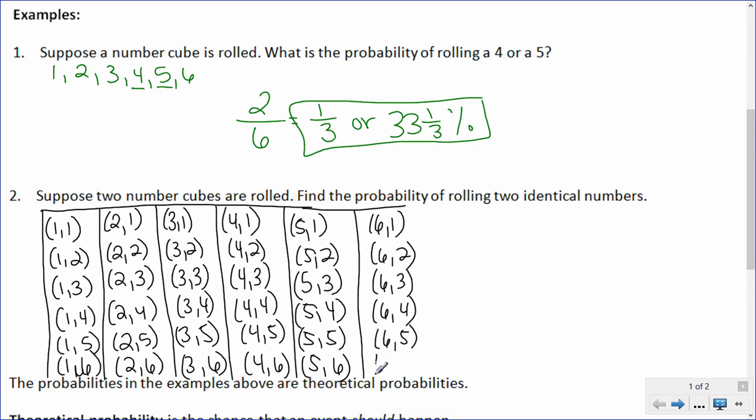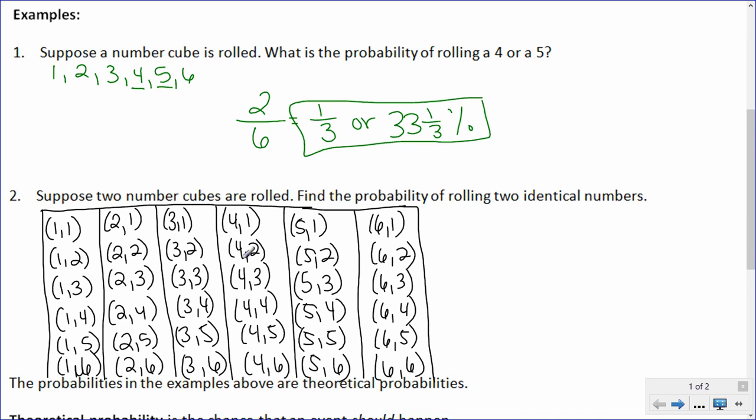Okay. All right, now part of the reason that we have to list this is because we have to make sure that we're counting things that look kind of the same as two separate outcomes. So for example, let's take something really simple, like a 4 and a 1 compared to a 1 and a 4. Now, normally when you roll two number cubes, you can't tell the difference between one and the other.